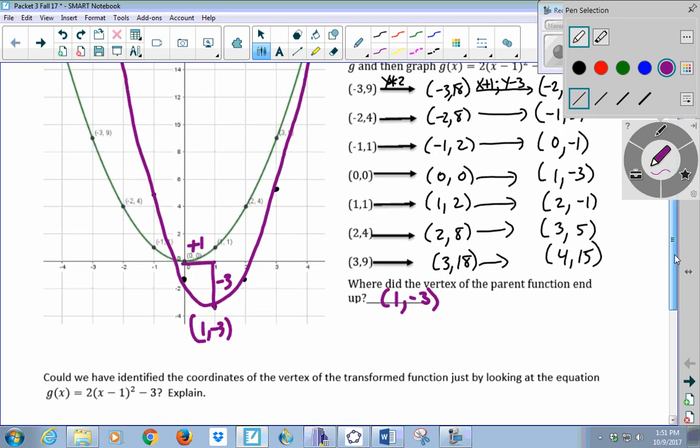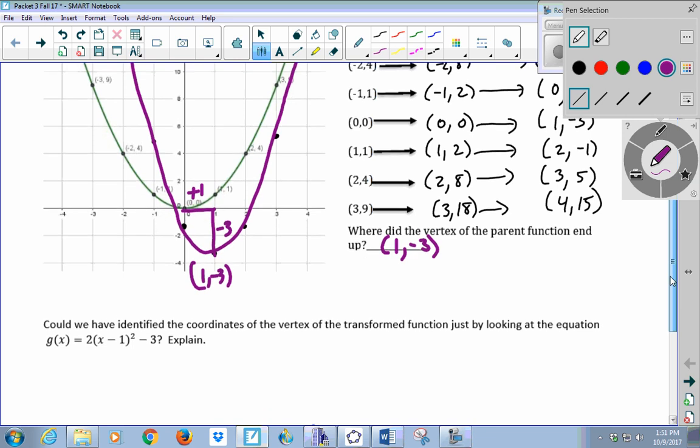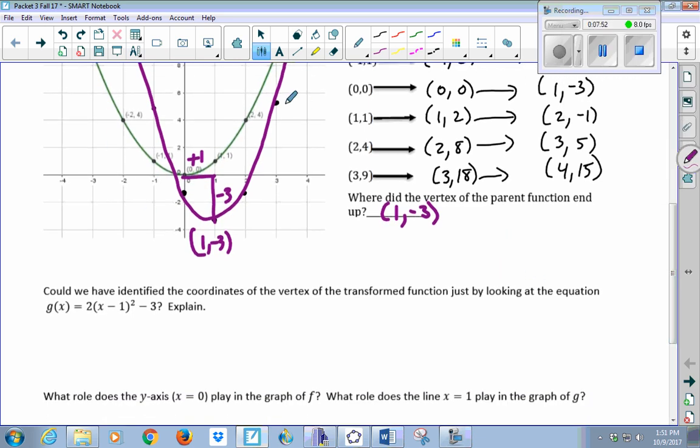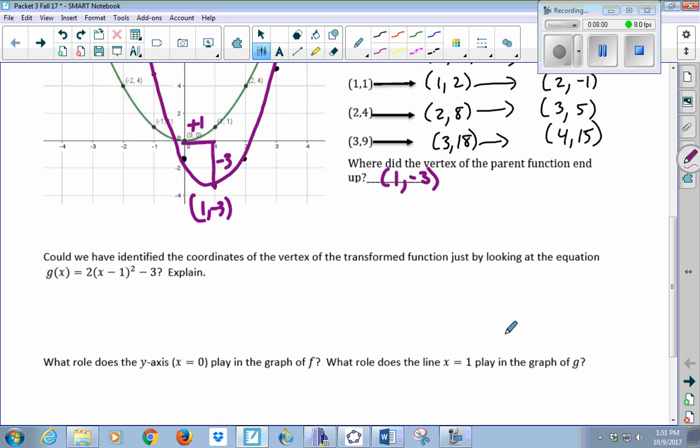So the question we want to ask ourselves is, could we have identified the coordinates of the vertex of this transformed function, g of x, just by looking at this equation? Well, if we notice that the subtraction of 3, the downward movement, gives us our y coordinate, and then the shift right 1 unit gives us our x coordinate.